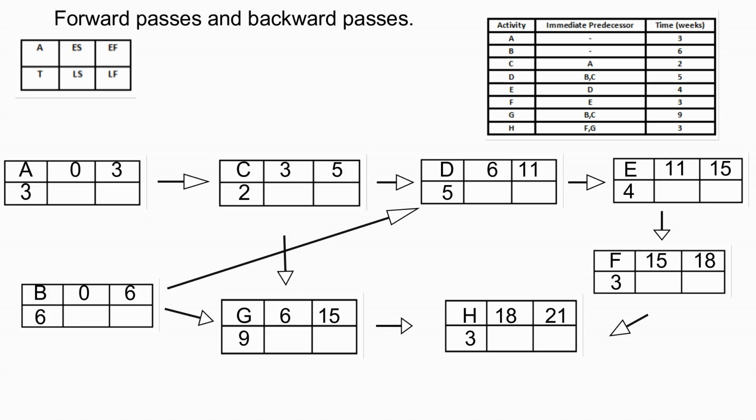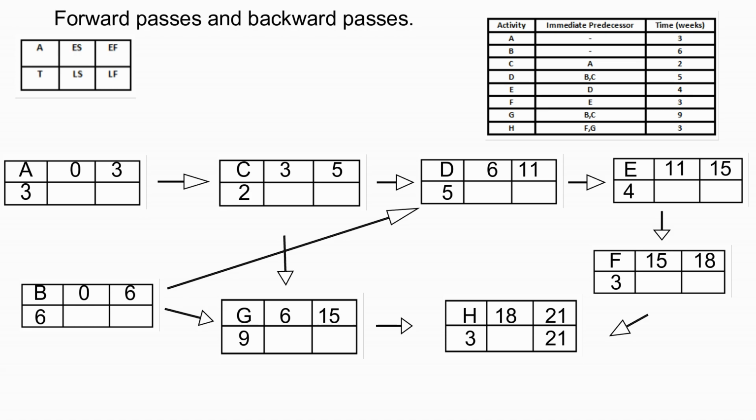After we have done the forward pass, we need to do the backward pass. We start from the last activity, which is H. The total finish time of activity H is 21. So we need to find the latest start.